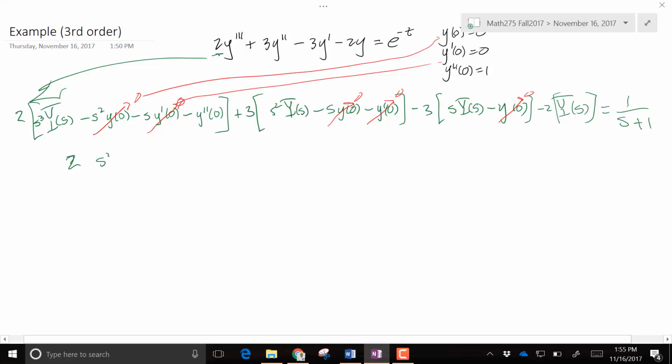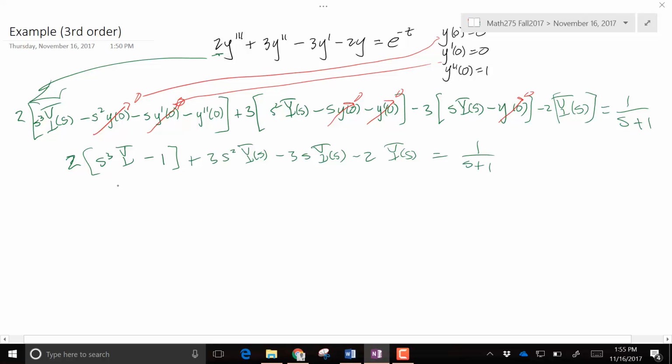So 2s cubed Y minus 1 plus 3. Everything else is gone, so I can just drop the brackets. Minus 3s Y of s minus 2Y of s equals that.